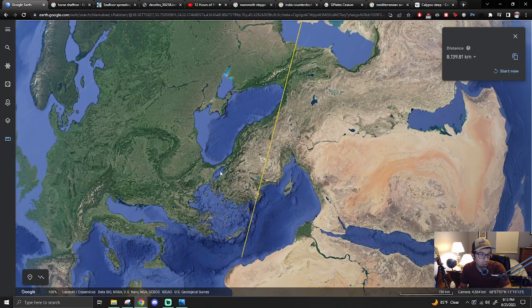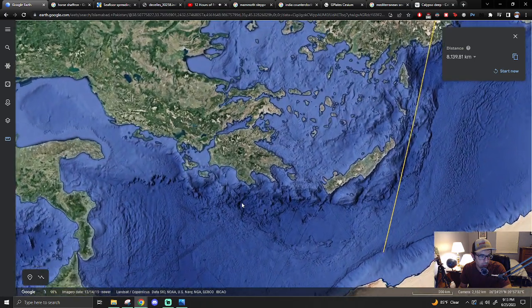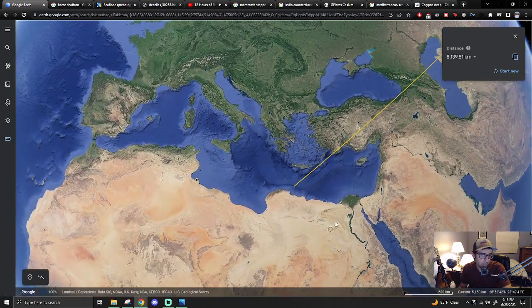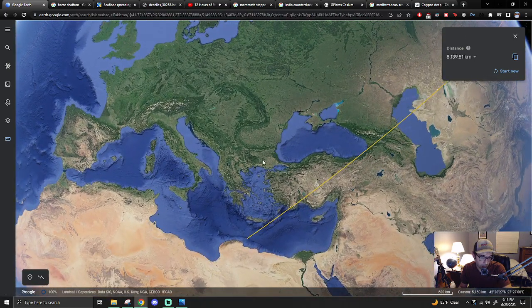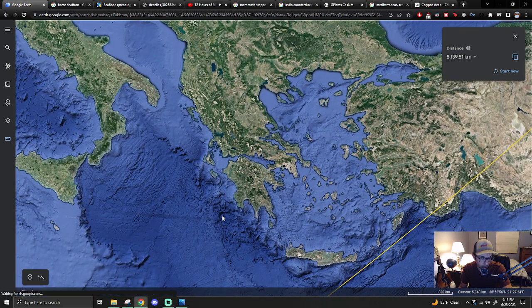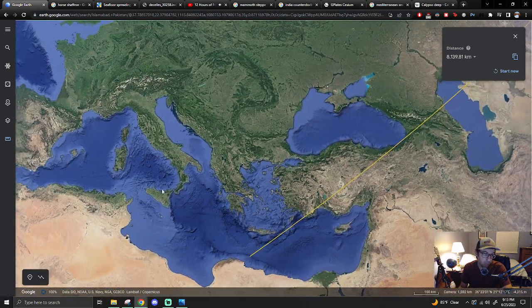Looks like it's right there. So really it's at this outer boundary, where the very beginning of where this current meets this current is the deepest location in the Mediterranean.